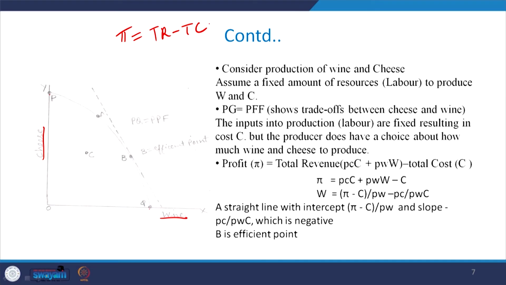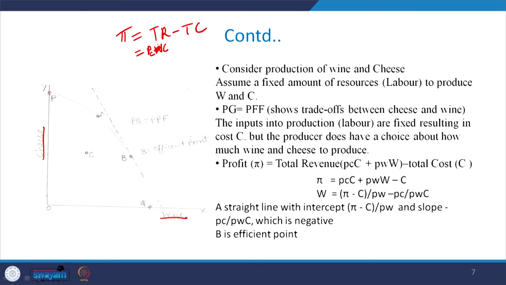Now, total profit in the case of these two products, cheese and wine, will be equal to the following. Say PC is the market price of cheese, and I use the term C for the quantity of cheese.